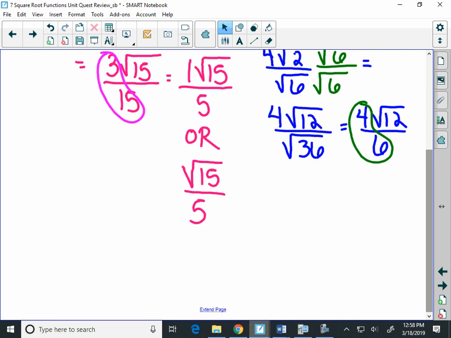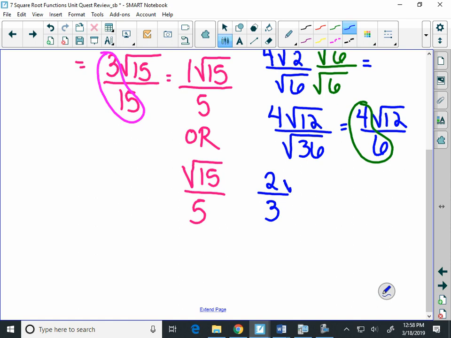And you don't have to do that right now, but we've got 2/3 times the square root of 12, and everything looks good, except that we can simplify the square root of 12. So we need to make sure that everything is simplified completely when we're doing these problems, and I warned you ahead of time that this was going to take some space.